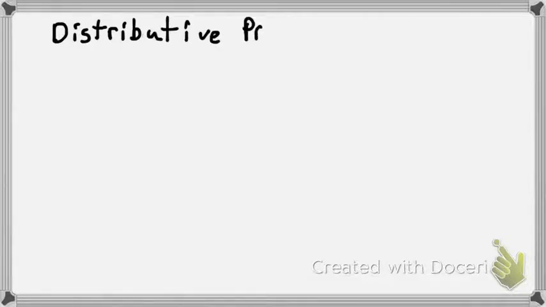Anything more than 2 step is called a multi-step. So whether that's 3 steps or 17 steps, they're all called multi-step equations. When we go from 2 steps to multi-step equations, the big difference is the distributive property. Okay?